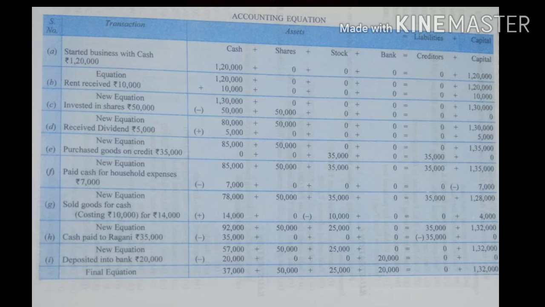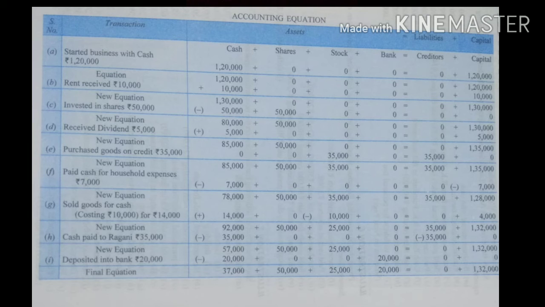Then we are getting sold goods for cash. Okay, when goods are sold for cash, we are getting two things. One is a cost, another one is a selling price, obviously. So selling price means you receive 14,000, which should be added in the cash. And the cost means your stock, you have to reduce now. My stock is going down by 10,000 and what I'm receiving for that 10,000 is 14,000.